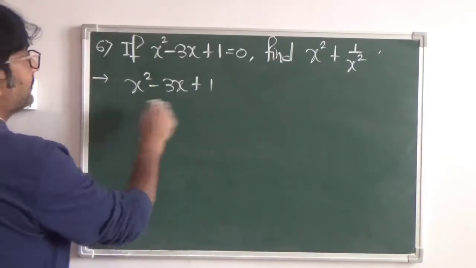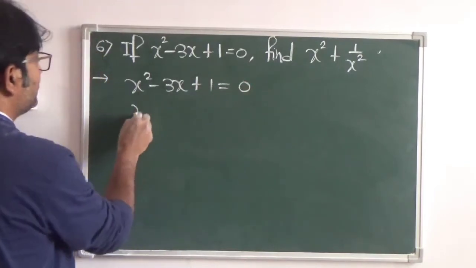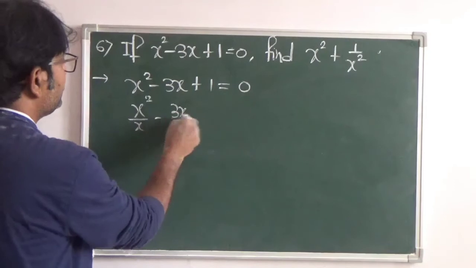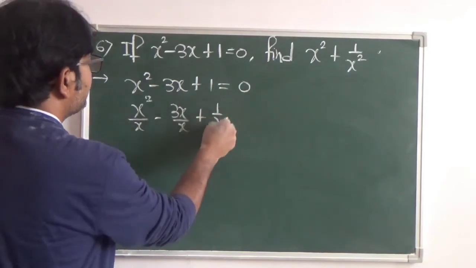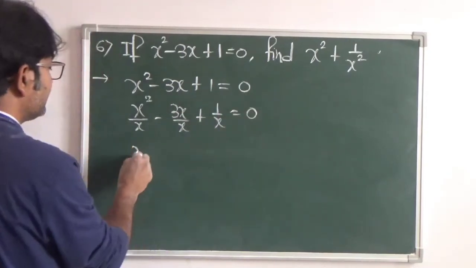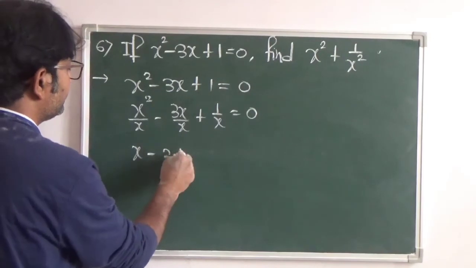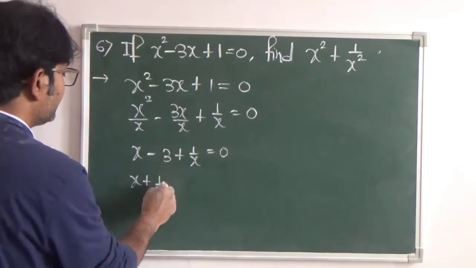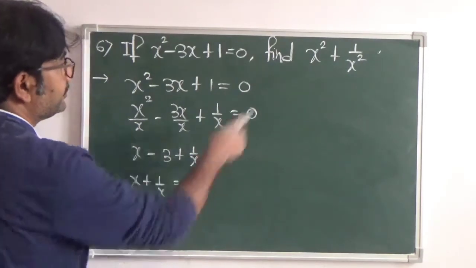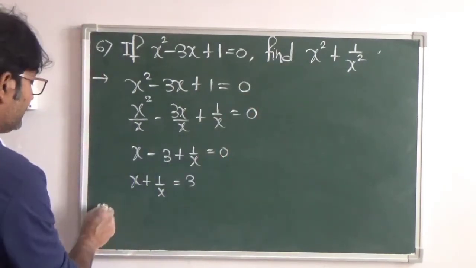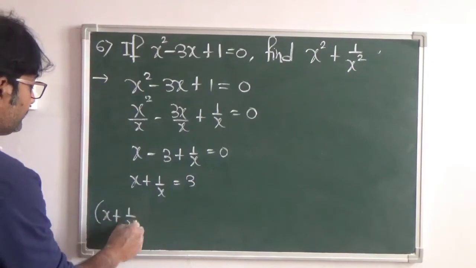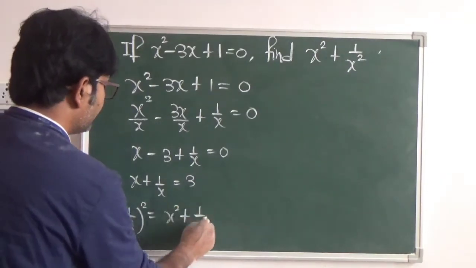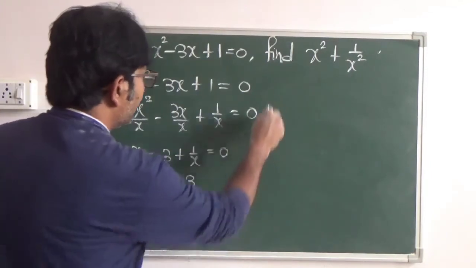So dividing, we get x square by x minus 3x by x plus 1 by x equals 0. So here it is x minus 3 plus 1 by x equals 0. So x plus 1 by x equals 3. You have to find this. We have x plus 1 by x whole square equals x square plus 1 by x square plus 2.